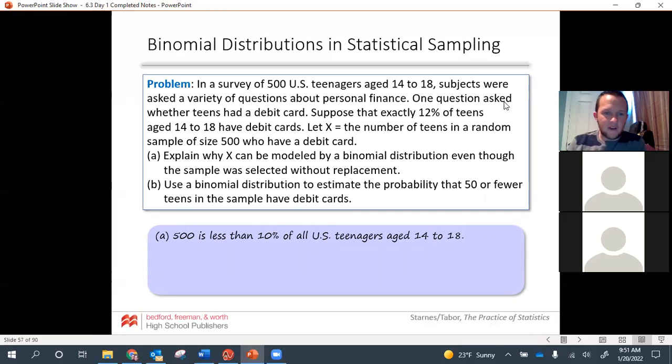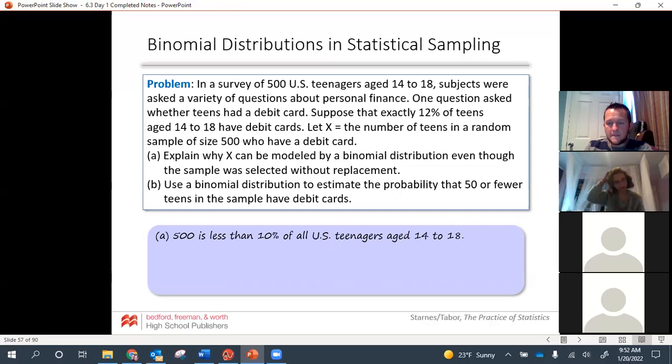So now we want to find the binomial distribution to estimate the probability that 50 or fewer teens have a debit card. If we're doing 50 or fewer, guys, is that going to be a binomial PDF or a binomial CDF? Are we doing a particular value or are we doing a cluster of values?